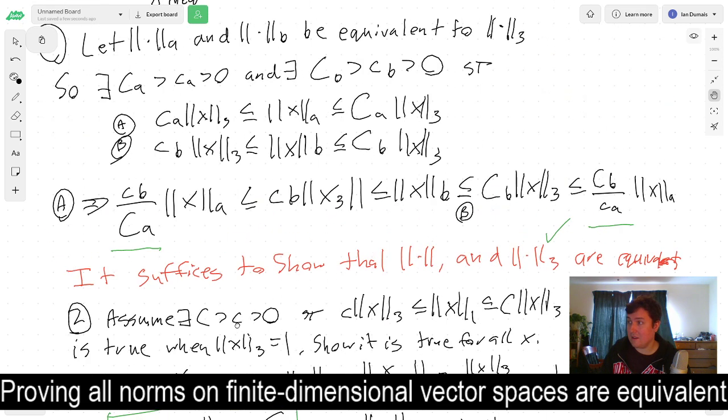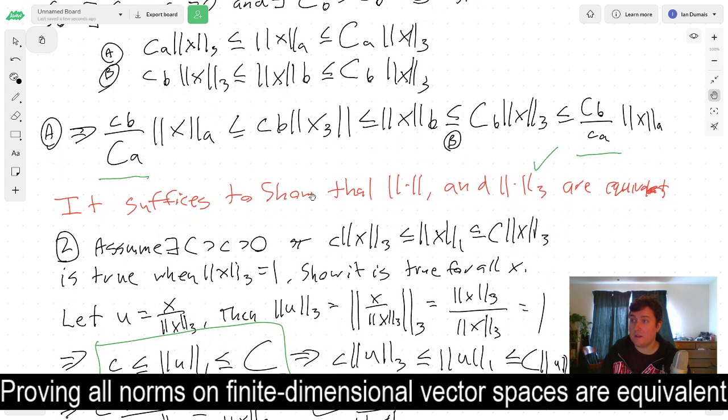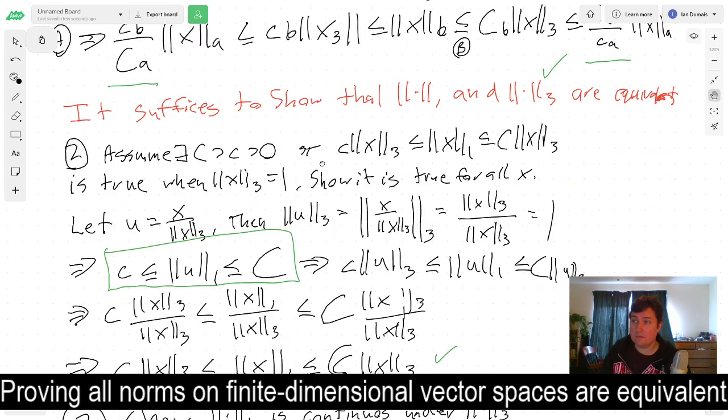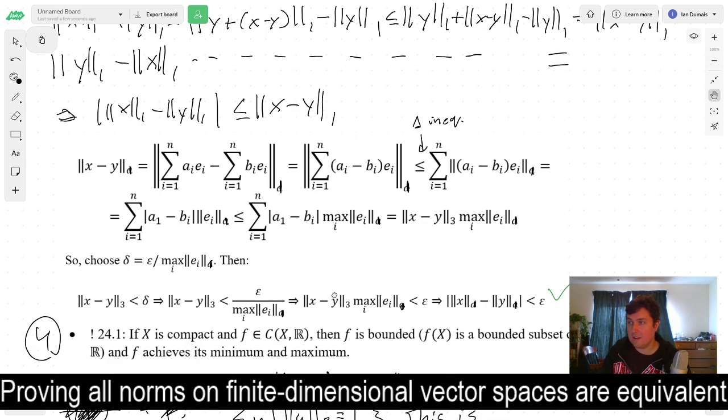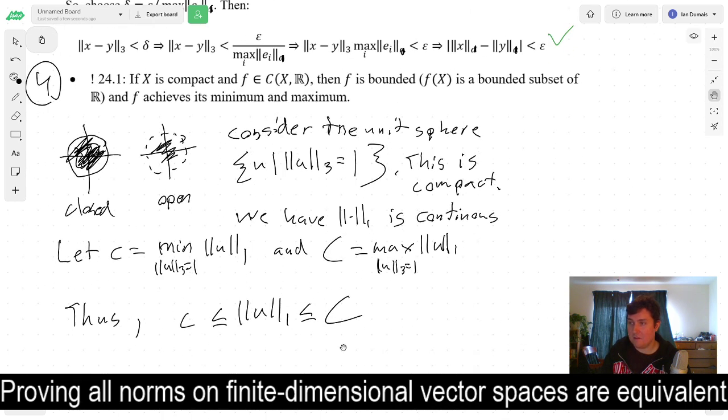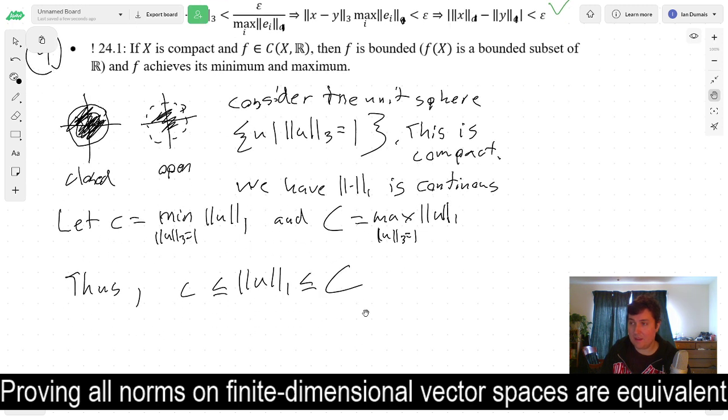And because of part 1, that's all we have to show. Because we showed that for some general norm 1, we found values of little c and big C such that norm 1 satisfies this. And that means, because of all the groundwork we've done, that any two finite dimensional norms are equivalent.